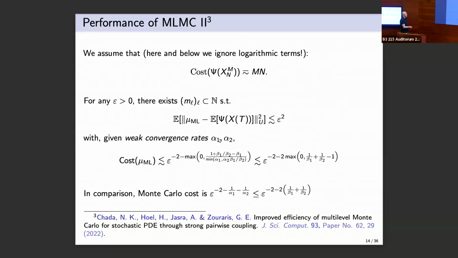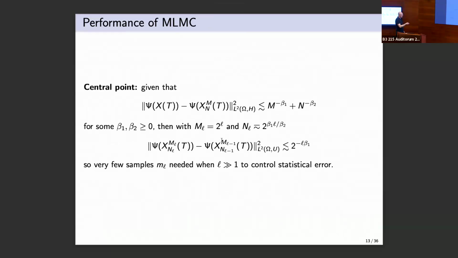So here I state the cost if I have some weak error rates, alpha, then the cost can actually become a bit less than if I bound the weak convergence rate by beta divided by 2. So you can bound it by that because you can associate the weak convergence to the strong convergence divided by 2.